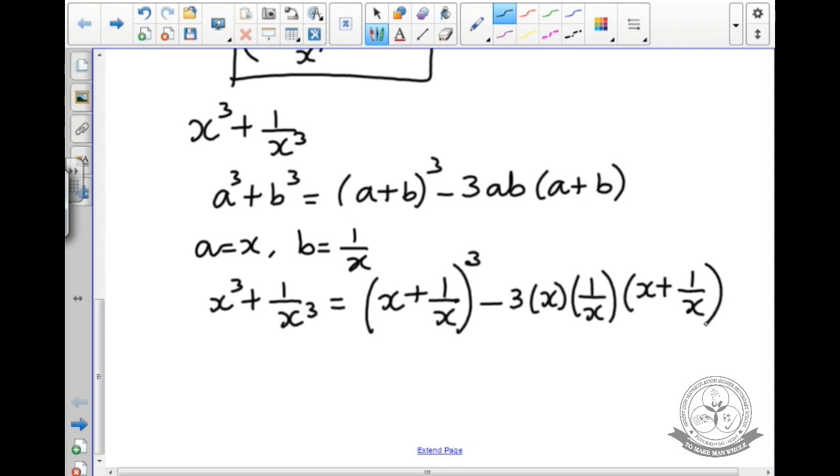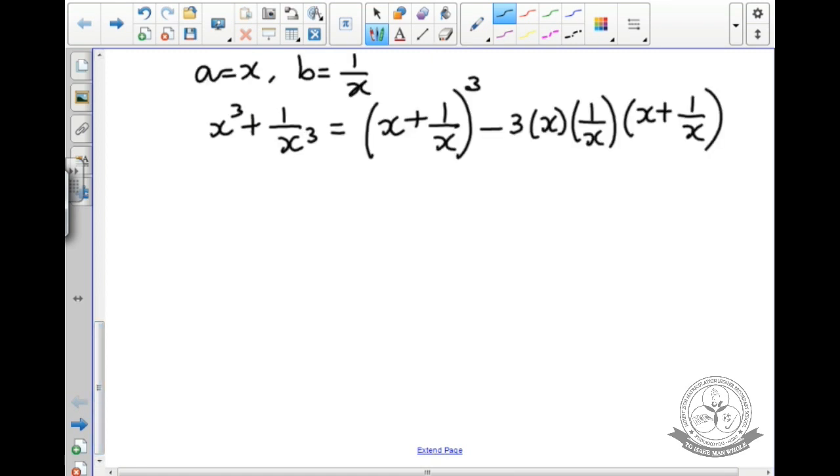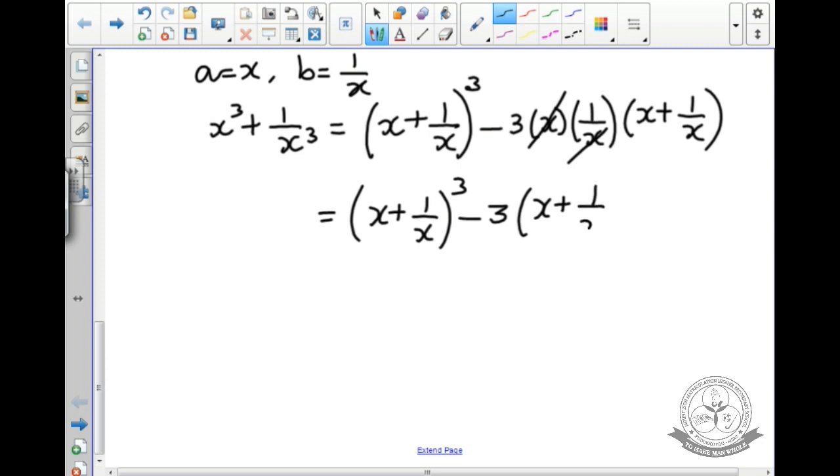The value of x plus 1 by x we already found, that is plus or minus 5. x into 1 by x will be cancelled. So we get x plus 1 by x whole cube minus 3 into x plus 1 by x. We have two subdivisions because x plus 1 by x is equal to plus 5 or minus 5.